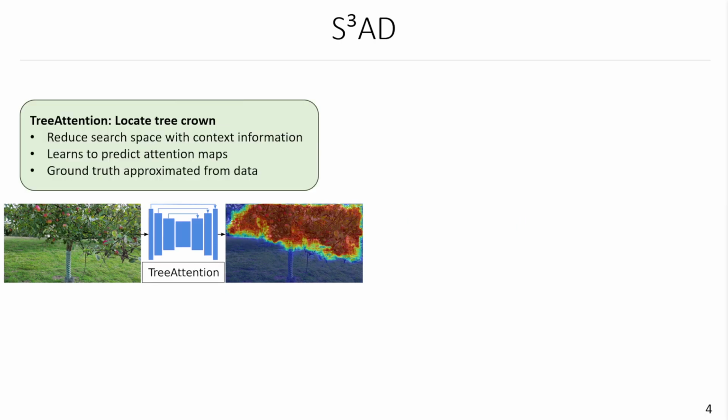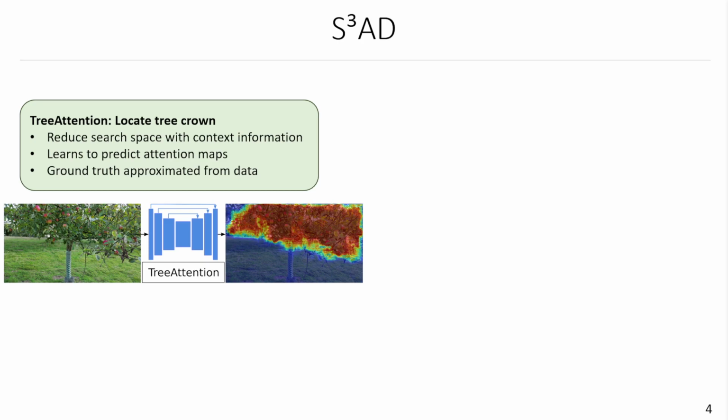The first stage is called tree attention, which implements the idea of search space reduction via context information. This is done with a 3-stage residual U-net that locates the tree crowns by predicting attention maps on a highly downscaled version of the input image. In our case, the longer side is rescaled from 3840 pixels to just 512.